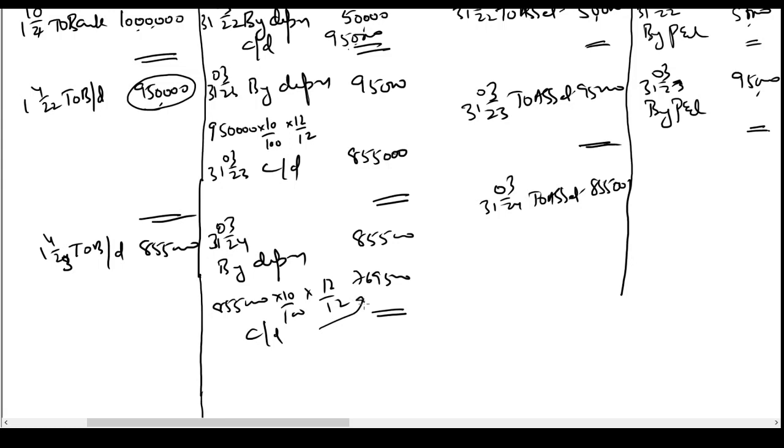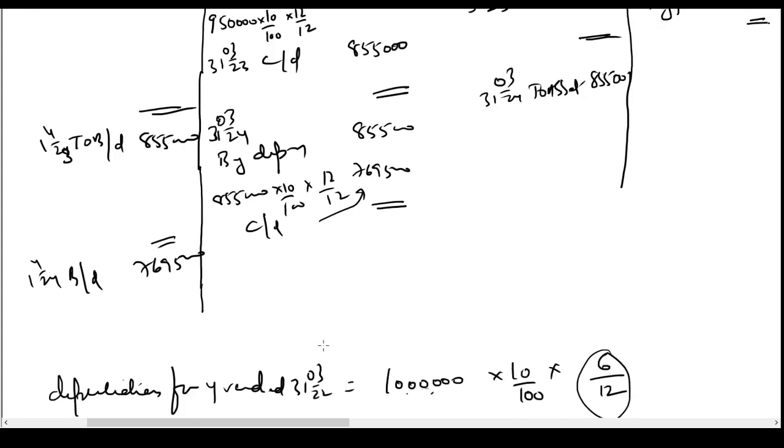That will be the carried down balance. 1st April 24, brought down balance will be 7,69,500. This amount 85,500 will be transferred to the P&L account. By P&L account 85,500.